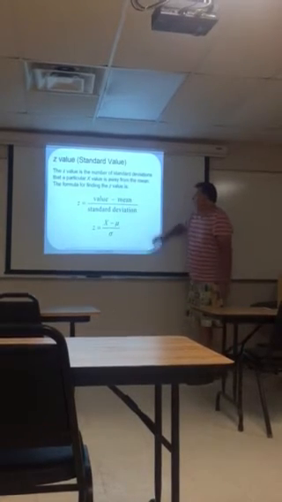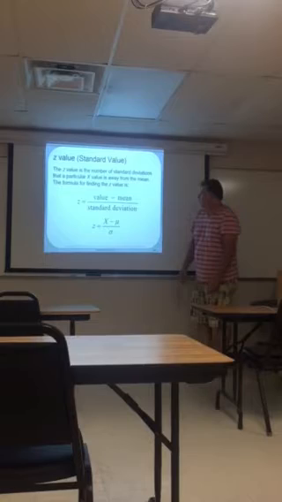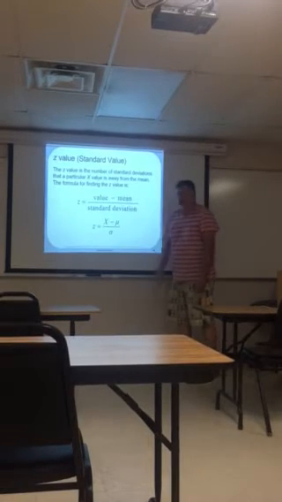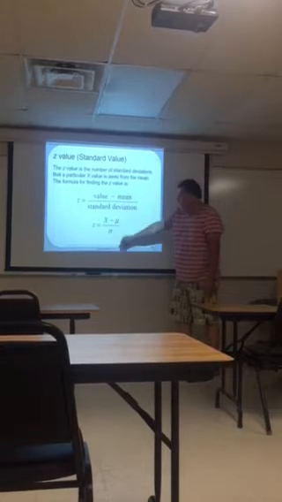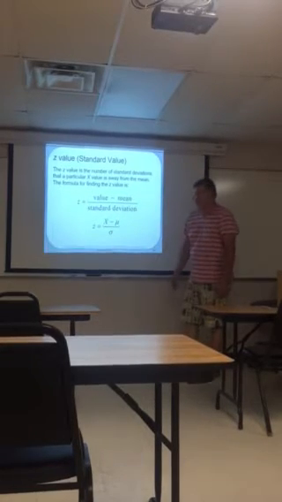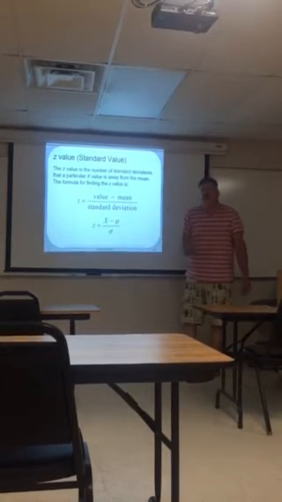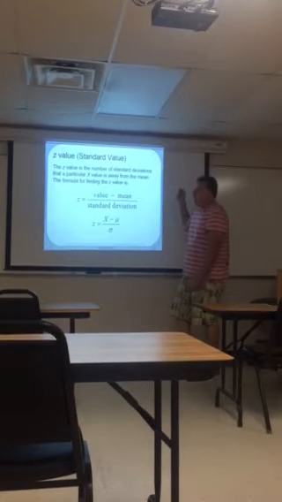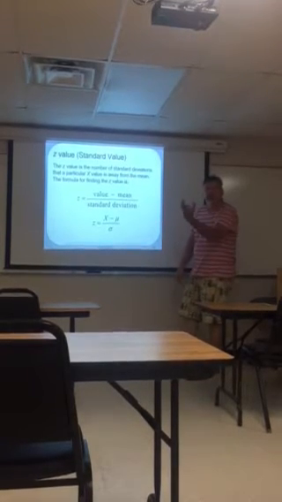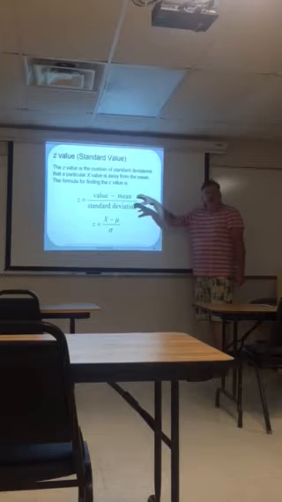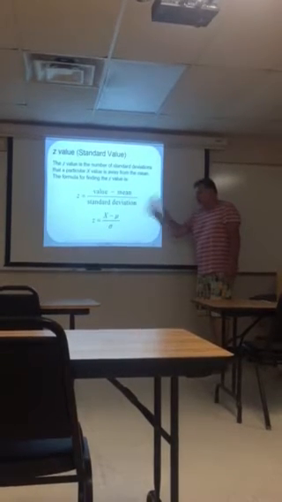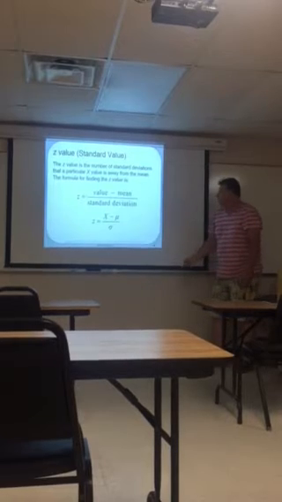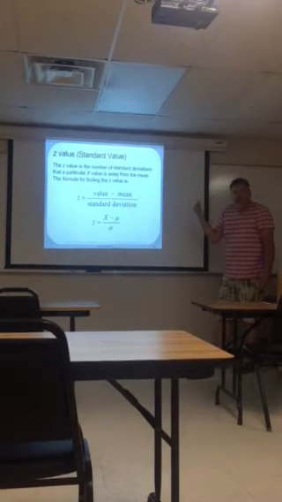Now this is the actual formula, which is pretty easy. If I have a value of X, I will subtract the population mean from that and divide it by the population standard deviation. And that will give me a standardized score, and I can plug it right into that normal distribution, the distribution of Z, and I will know exactly where that score falls.